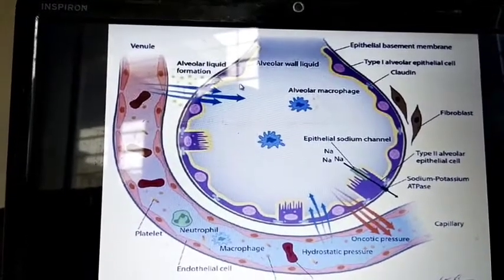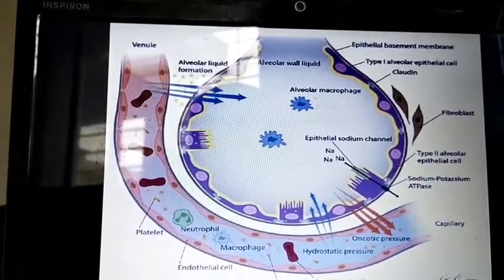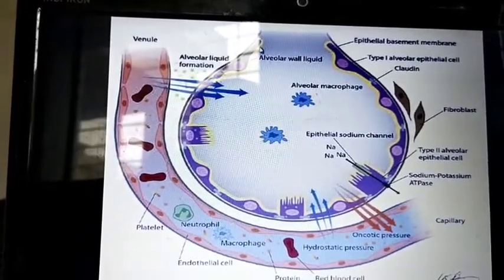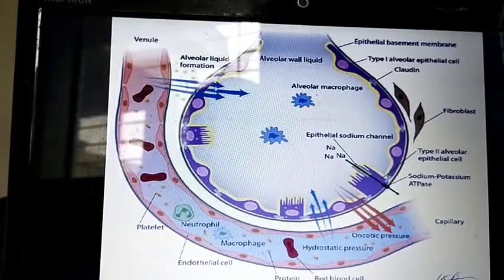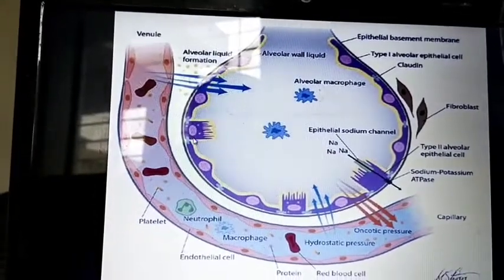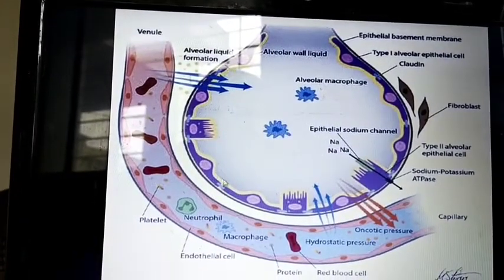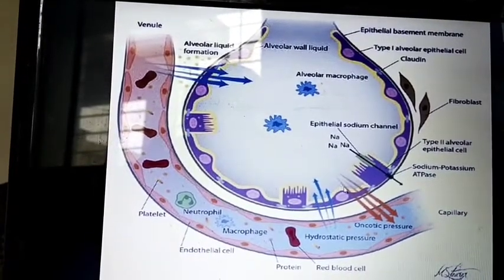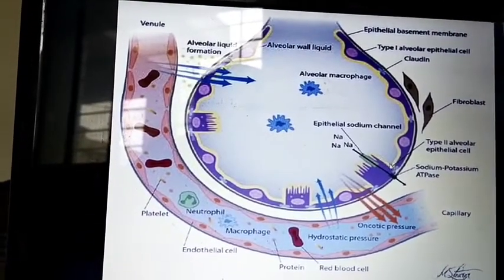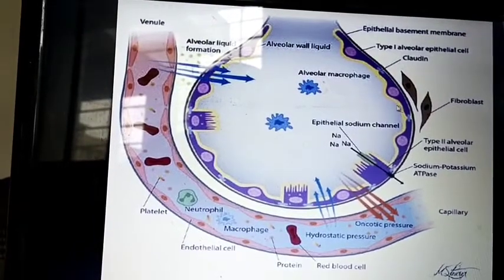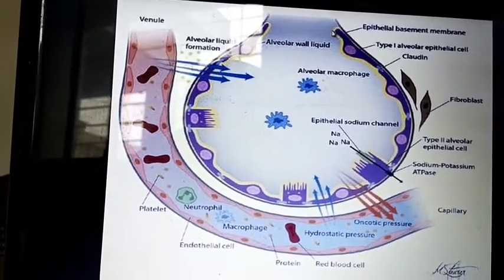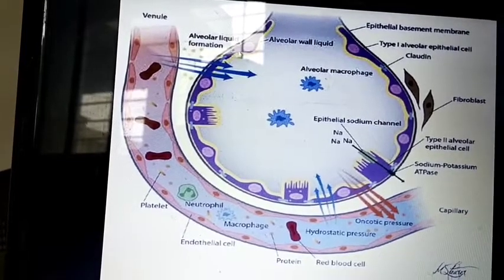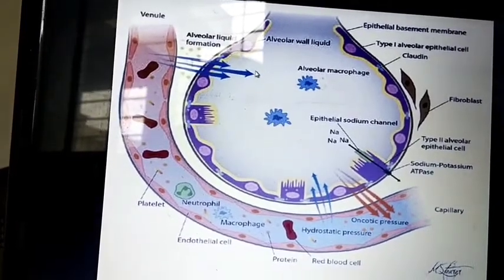That is called the alveolar wall liquid. This is very important. It is this liquid that prevents the collapse or complete closing of the alveoli. This alveolar wall liquid is called surfactant.